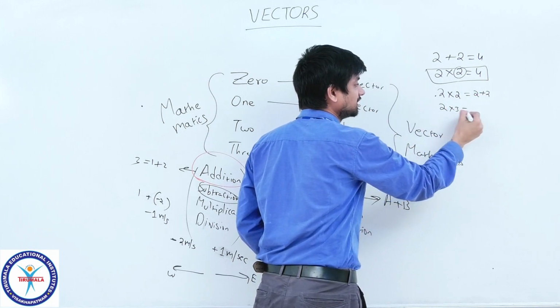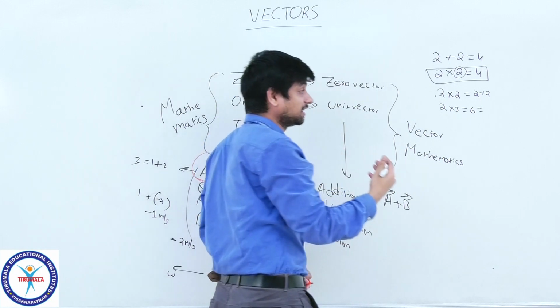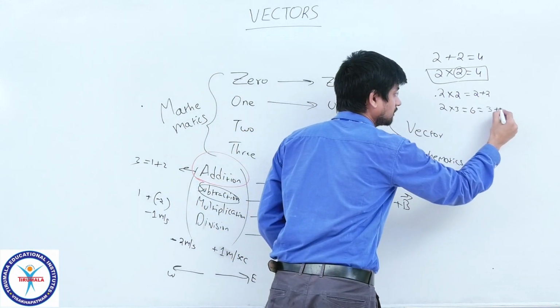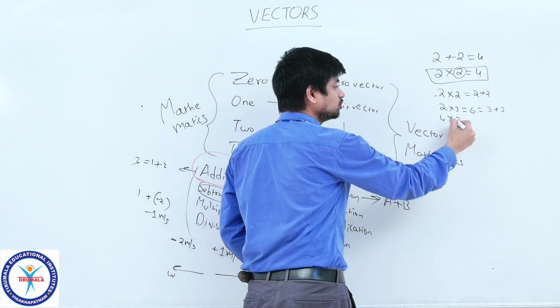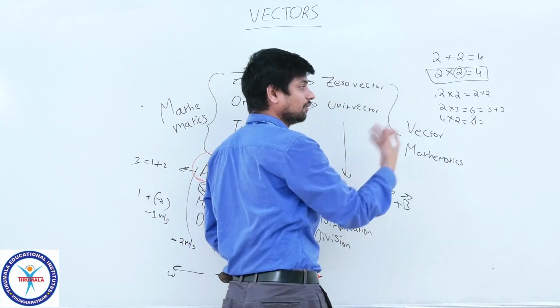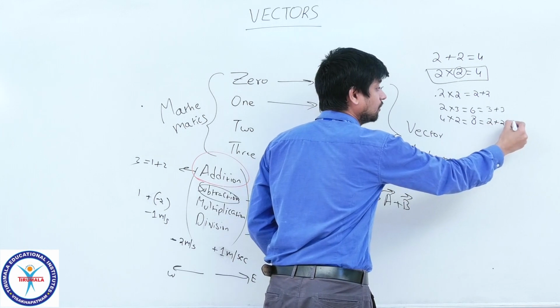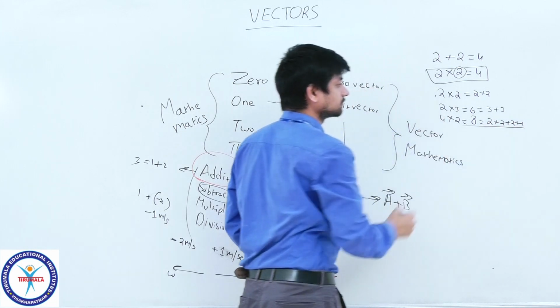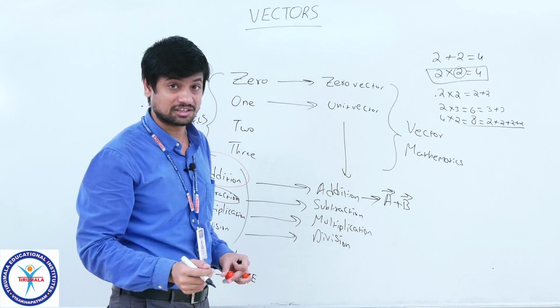Now 2 threes, we have 6. What should I do here? 3 should be added for 2 times. Now 4 twos, what is the answer multiplication-wise? 8. What does it mean? We should add 2 for 4 times. So even multiplication is also addition.